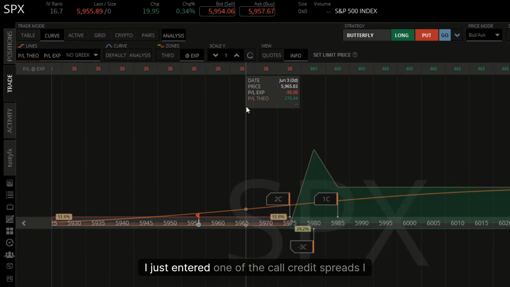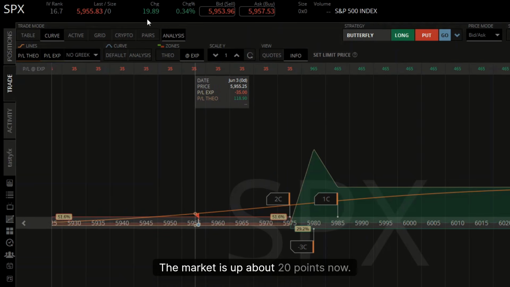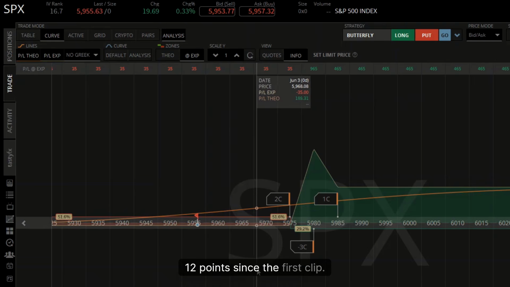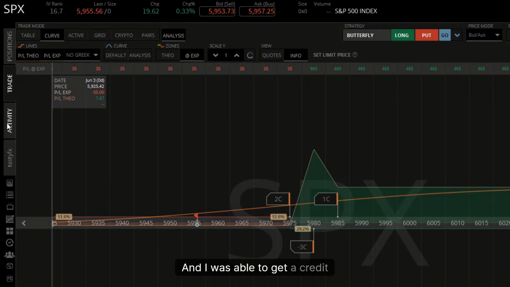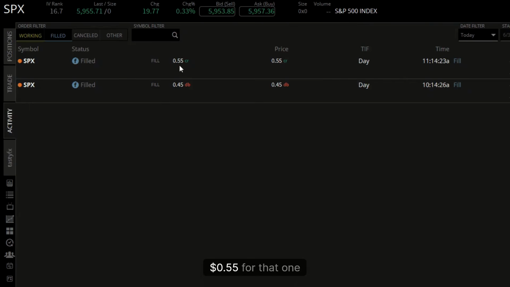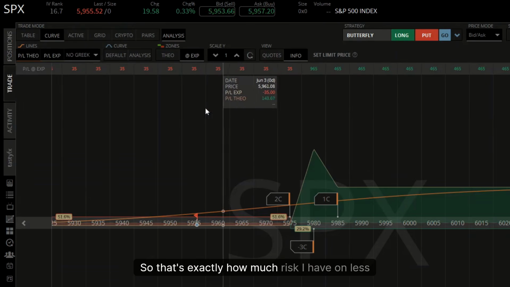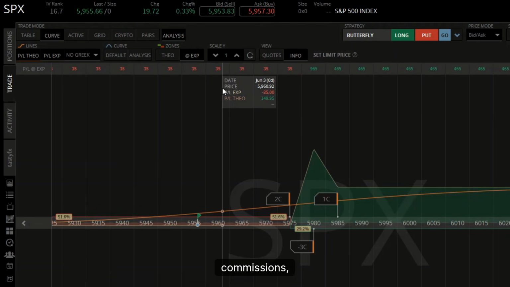I just entered one of the call credit spreads I mentioned in the previous clip, and I was able to get a credit of 55 cents for that one spread. So I bought two call spreads and then I sold one call credit spread. When you net all of this out, that's 90 cents minus 55 cents, and you end up with 35 cents. So that's exactly how much risk I have on, less commissions, of course.